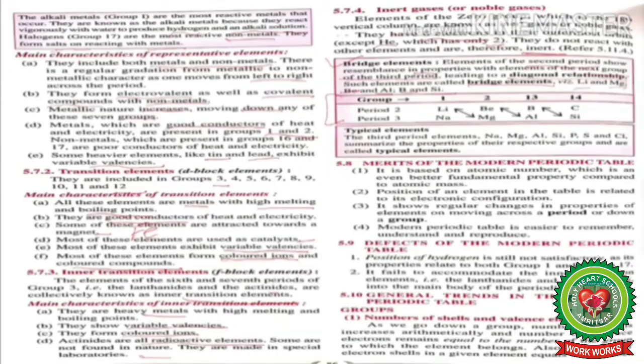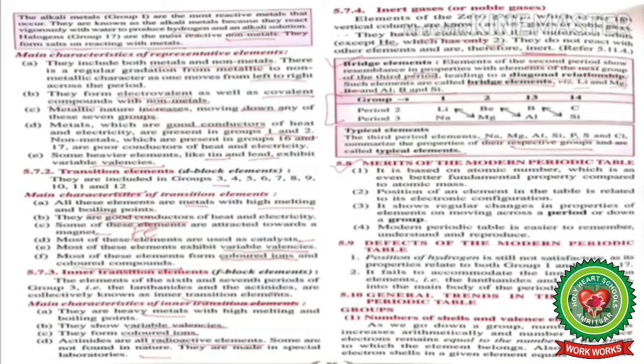The bridge elements are represented here. Typical elements. The 3rd period elements, that is sodium, magnesium, aluminium, silicon, phosphorus, sulfur and chlorine, summarize the properties of their respective groups and are called typical elements.